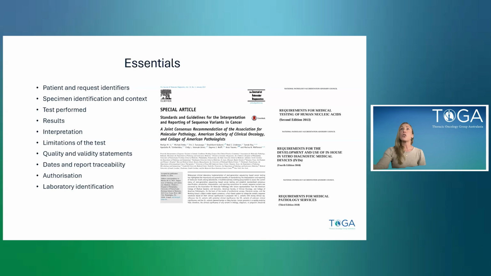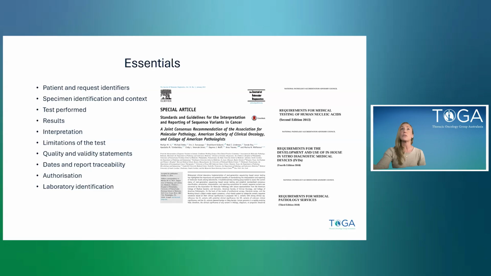So combined in these documents, there will be some variability across Australian labs, but most people should have these main things within the report, including patient and request identifiers, the specimen ID and the context in which it's been taken, the test that was performed. As Stephen mentioned, there's quite big differences between tests.